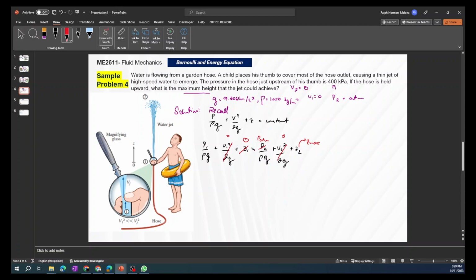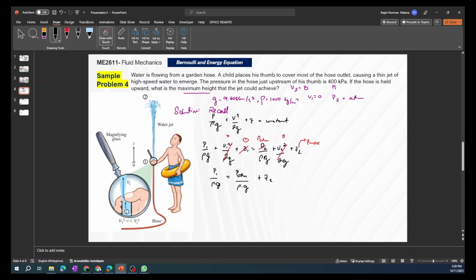Now we can rearrange our equation by eliminating the zeros. We have P1 over density times acceleration due to gravity equals P atmospheric, or P2, divided by density times g, plus Z2.